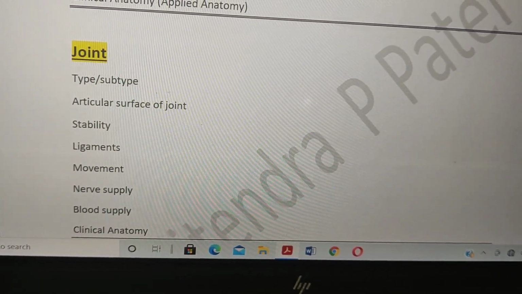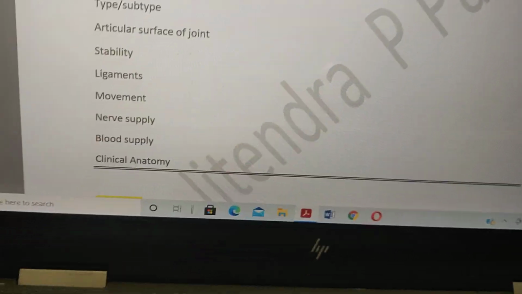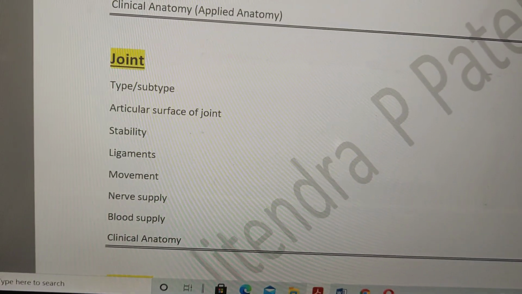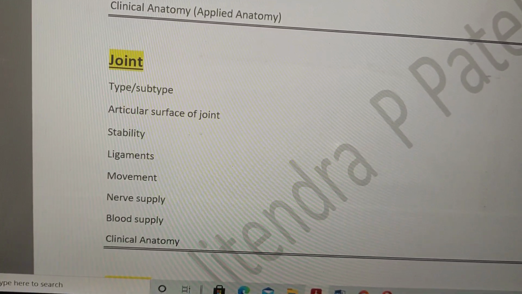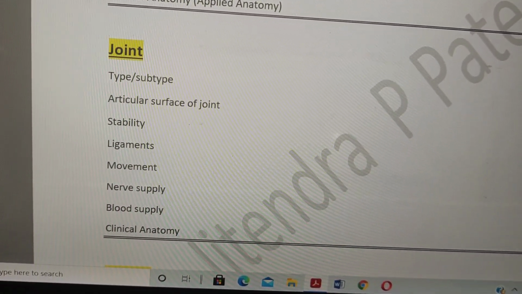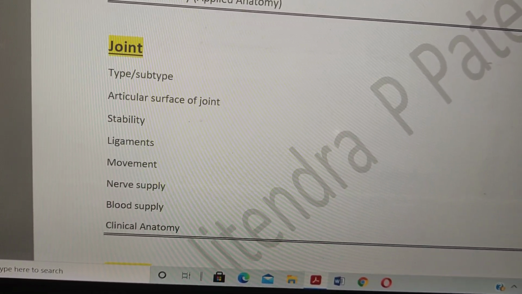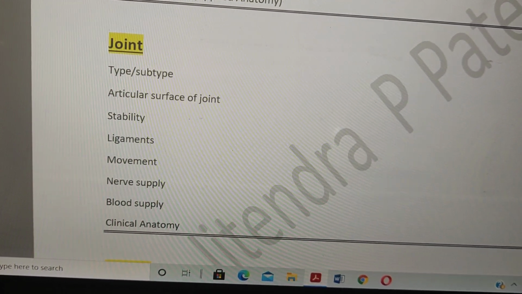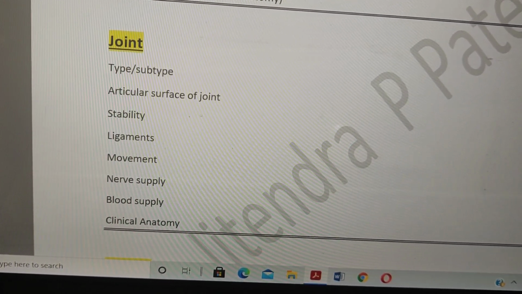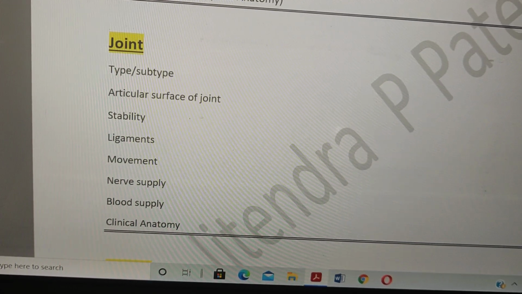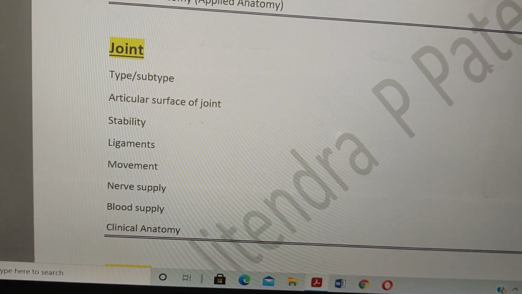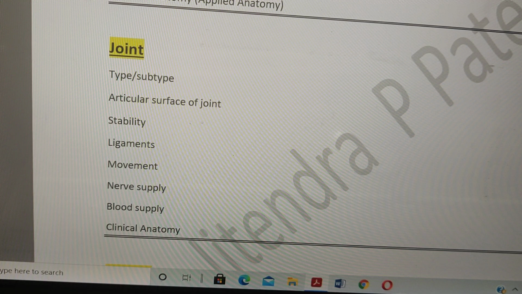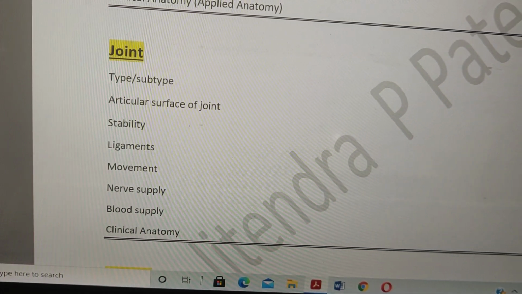If any joint is asked, then you have to write the type and subtype, like the hip joint. It is a multiaxial synovial joint, ball and socket variety. Then the articular surfaces of the joint, which are the two bones, like the acetabulum and the head of the femur.